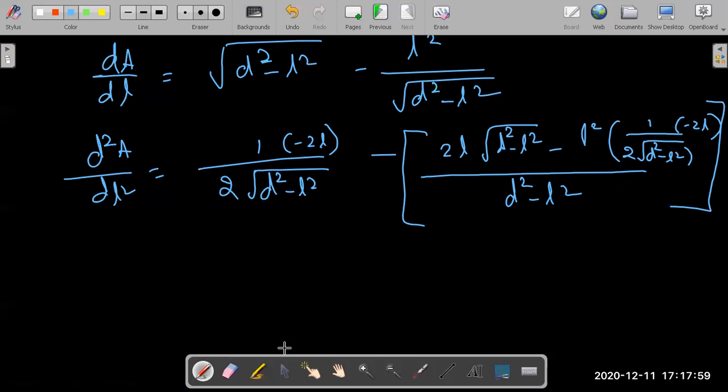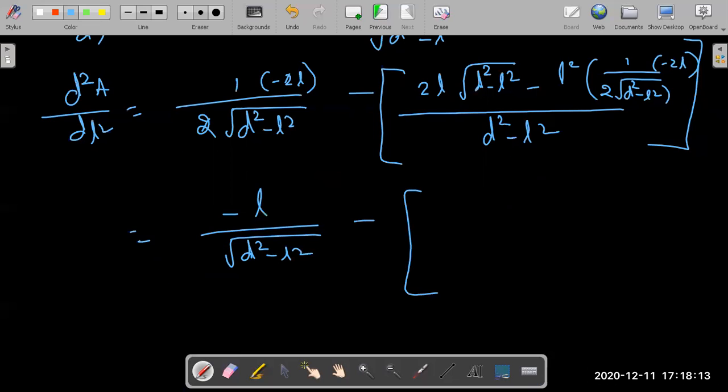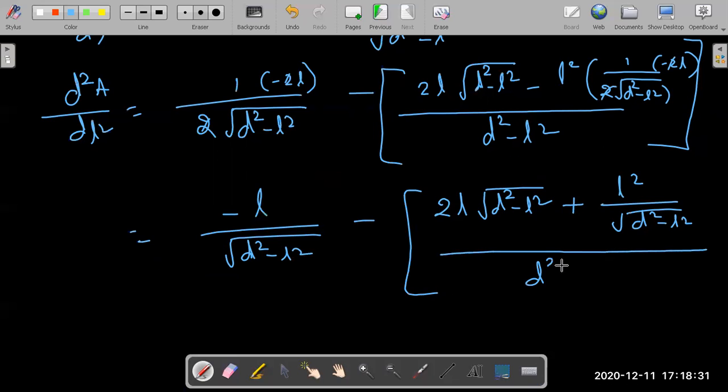You don't have to do it completely, but you have to simplify to some extent. This 2 gets cancelled. You have minus L divided by square root of d square minus L square, minus. So from here minus comes, this comes. You write this as 2L square root of d square minus L square. Here it becomes plus L square divided by square root of d square minus L square, divided by d square minus L square.